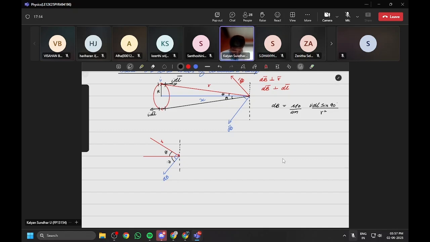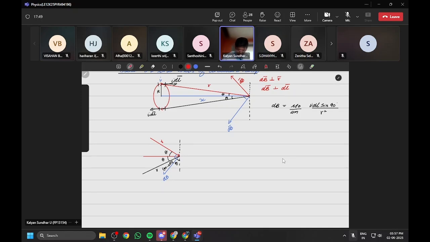Correct? Once again, this is theta value. This is also your r component. Right? And this angle in total will be 90 minus 2 theta. And this angle, taking it in total, will become again theta value.